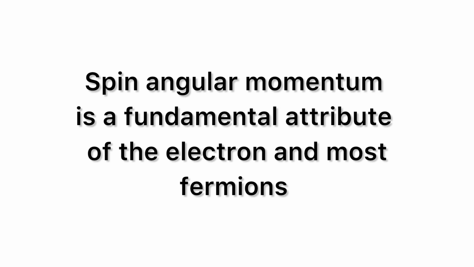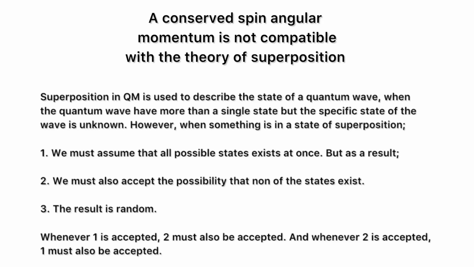When an attribute is fundamental to the existence of something, we cannot under any circumstances, even in theory, assume that the attribute doesn't exist in that thing. As a result, because number 2 cannot be true for spin angular momentum, number 1 cannot be true as well. And remember, in theory, you can't accept number 1 without accepting number 2.